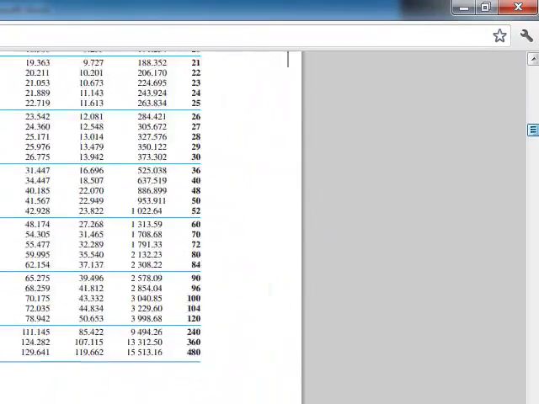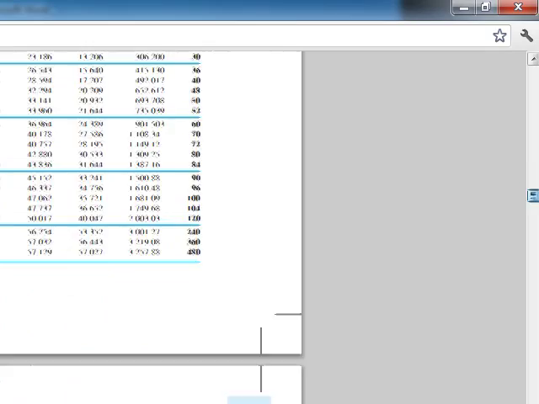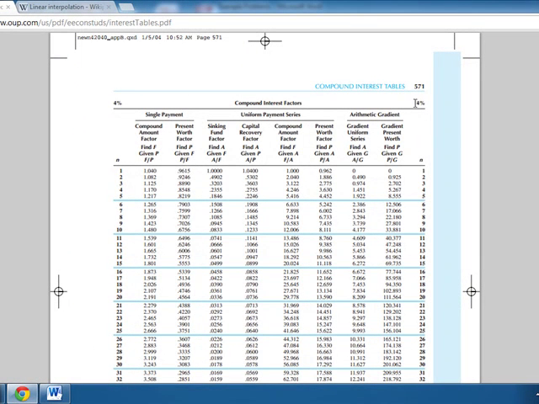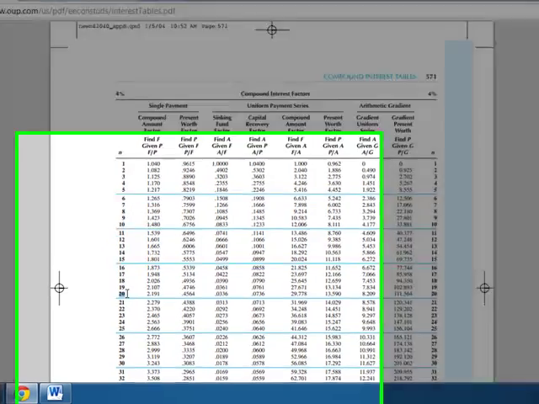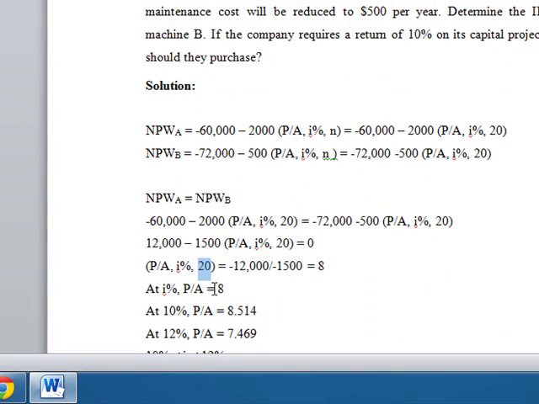So I'm going to scroll through the tables, and if you scroll through the table, for example, if I look at the table in which I is 4%, we know N is 20 years, right? And the P given A value at that point is 13.590. So this is not correct because our P given A value is 8.